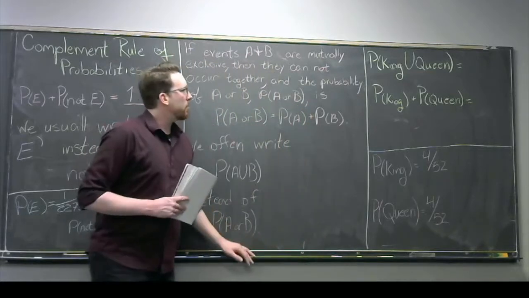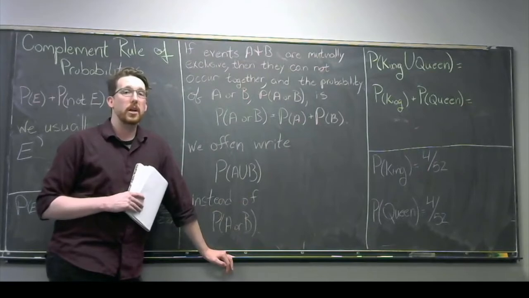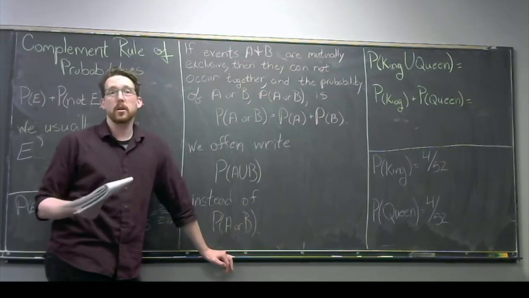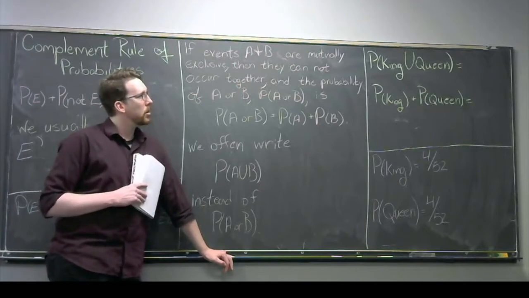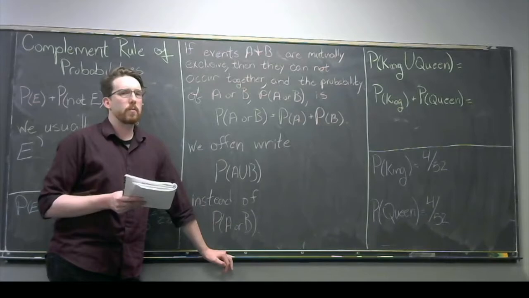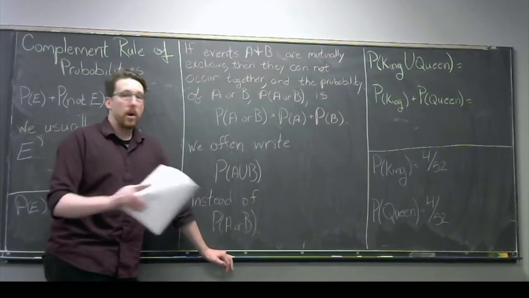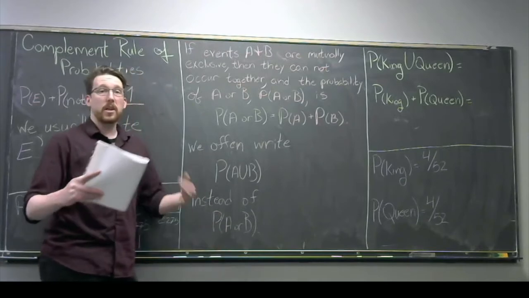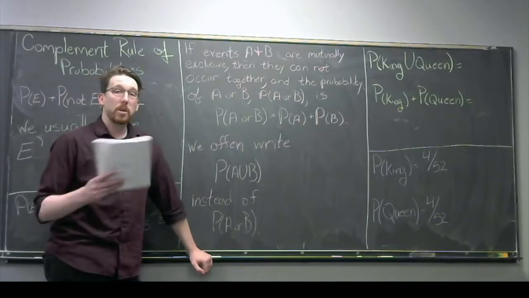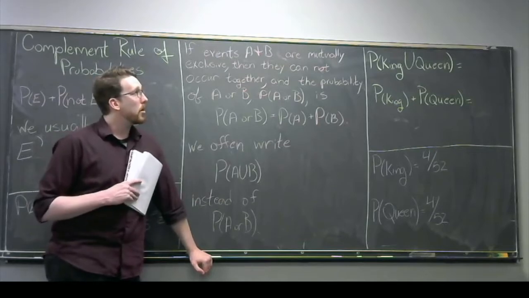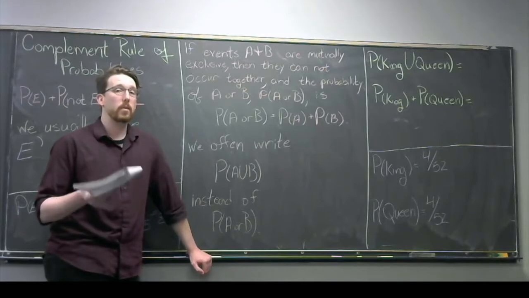So to look at an example of this, let's say we want to know what the probability of picking either a king or a queen out of a deck of 52 cards is. Well, notice if I pull a king, there's no way I'm going to pull a queen. And if I pull a queen, there's no way I'm going to pull a king. So these two events are mutually exclusive. So because of that, the probability of pulling a king or a queen is the probability of pulling a king plus the probability of pulling a queen.